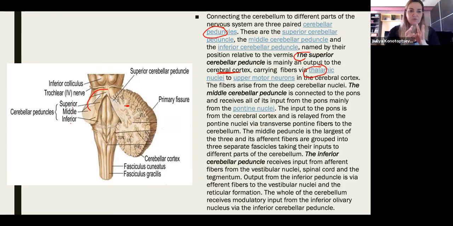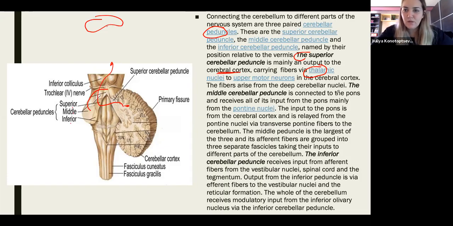You remember thalamus in the center of the brain, right? It's a major nucleus there. So if cerebellum needs to send an axon all the way to the cerebrum, this axon will be traveling through the superior cerebellar peduncle to the thalamus, to the cerebrum.